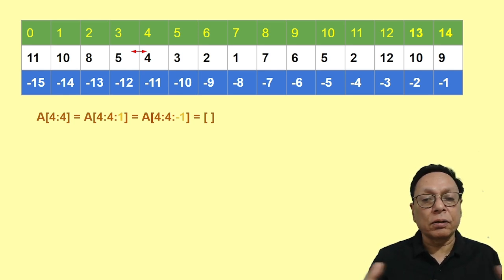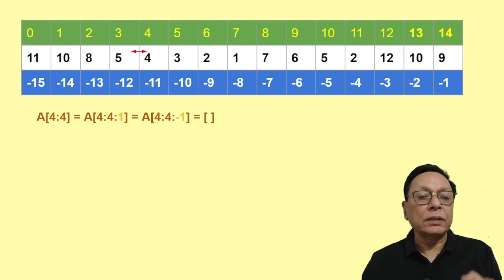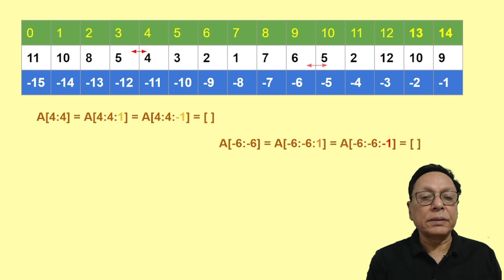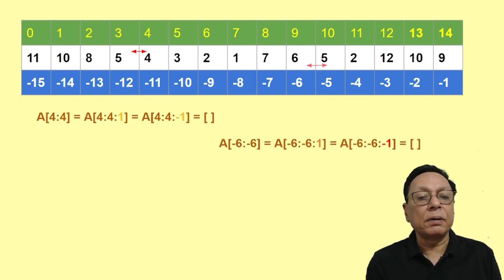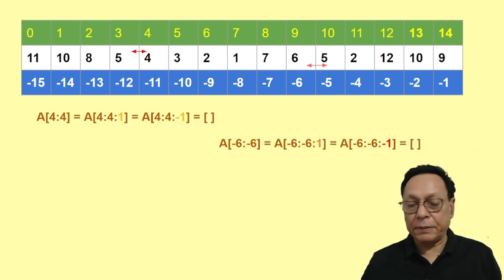So this is contradictory, this is not possible. Whether this is step minus 1 or step plus 1, it gives the empty slice. Or in reverse order, minus 6 to minus 6, minus 1 is a step, or plus 1 is a step, will produce the empty slice.